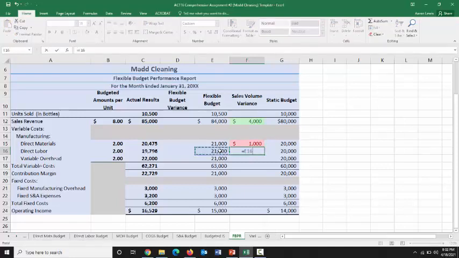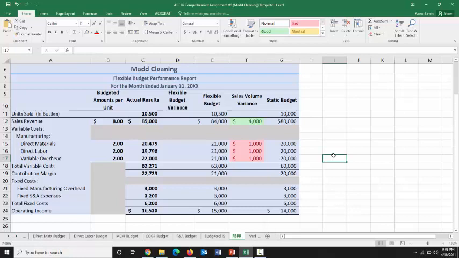And by that same logic, the difference between our flex budget amount and our static budget amount for both variable overhead and direct labor is $1,000, and they're all higher in the flex budget account. So that means that we have an unfavorable variance. We would have had to pay more in costs. When you think about it, it makes sense.